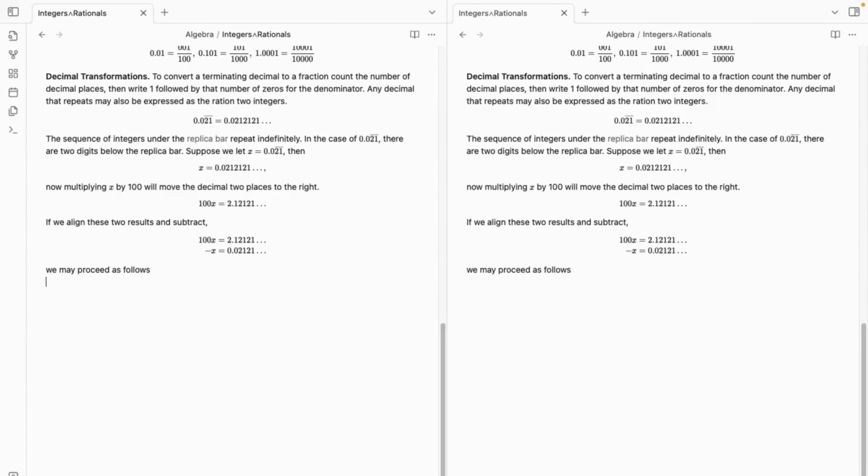On the left of the equal sign, we would get 99x.